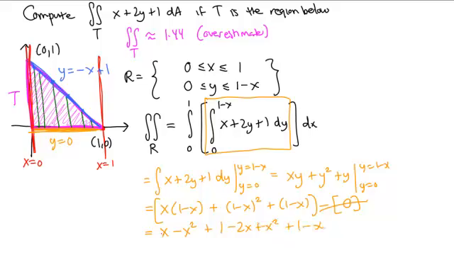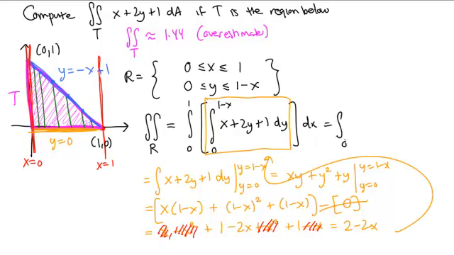Now notice that the x here and the minus x here cancel, and the negative x squared here and the positive x squared here cancel, and so this simply simplifies to 2 minus 2x. And so that's the inner piece. We need to go and integrate from 0 to 1 the function 2 minus 2x dx.